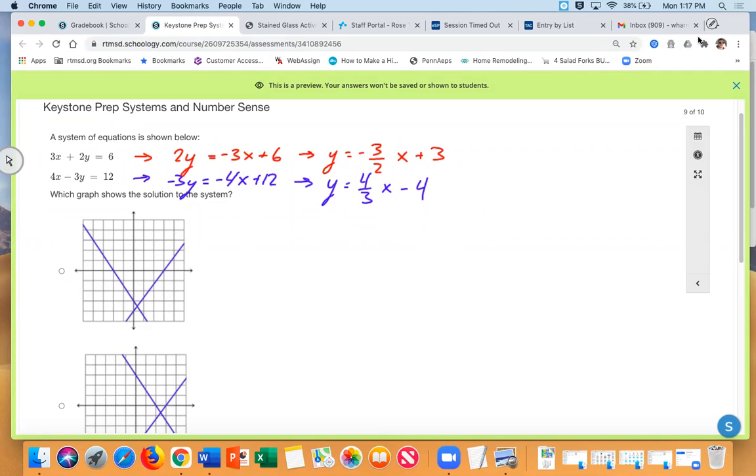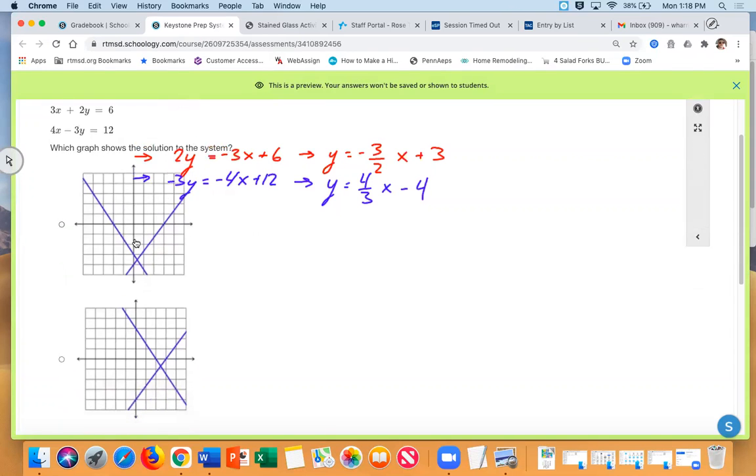Now, Mr. Emmy, do you know why I like this? No. Well, I like this because one line, the red line, is going down. The blue line is going up. This one should be going through the y-intercept of 3. This one should be going through the y-intercept of negative 4. So when I'm looking at this, I can tell you the answer is not A, because that's 3, a line should be going through that point right there, and it's not.